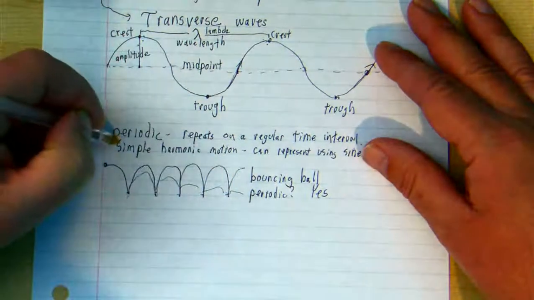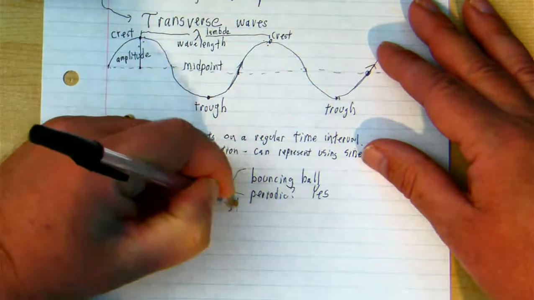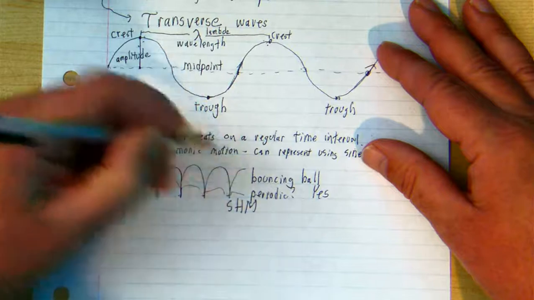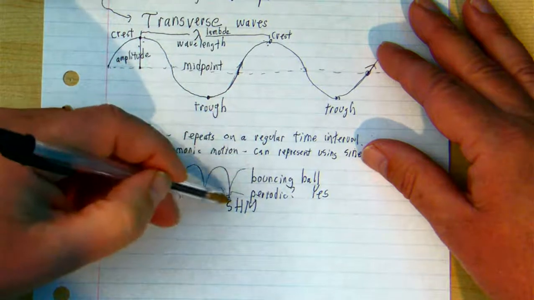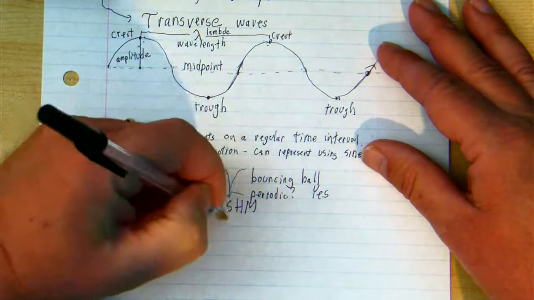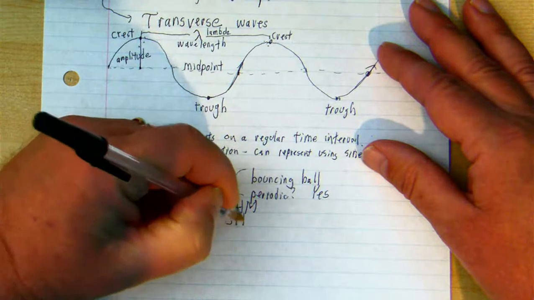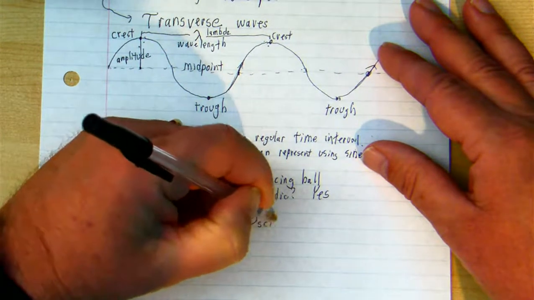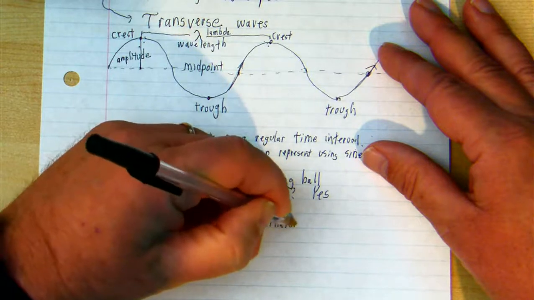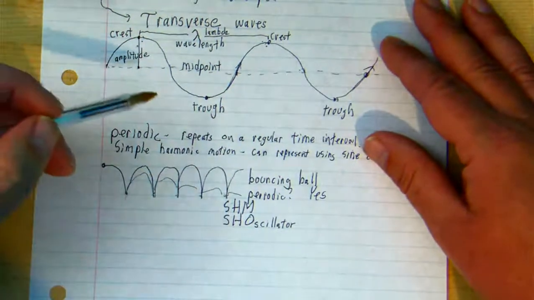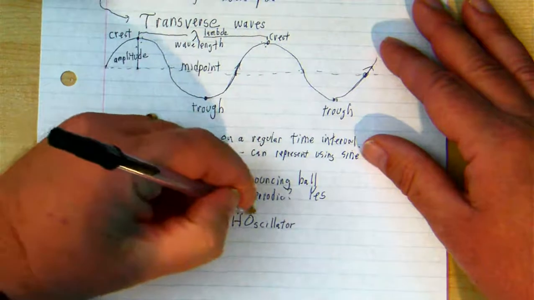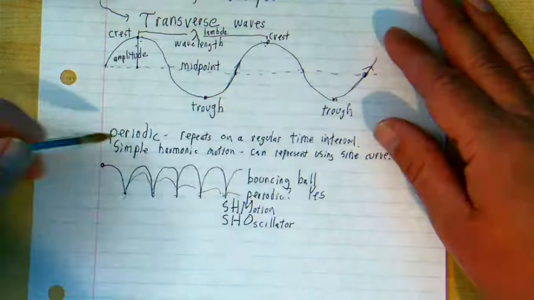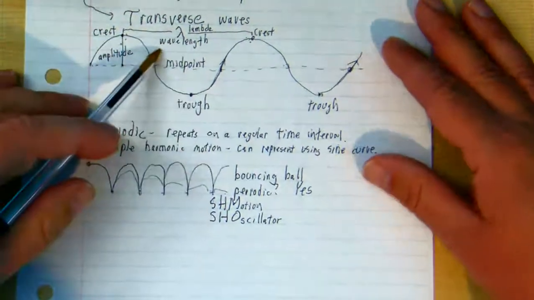Now, is this simple harmonic motion, which they tend to abbreviate as SHM, and sometimes as SHO, where the O stands for oscillator, a simple harmonic oscillator or simple harmonic motion. So don't be surprised if you see that in college.